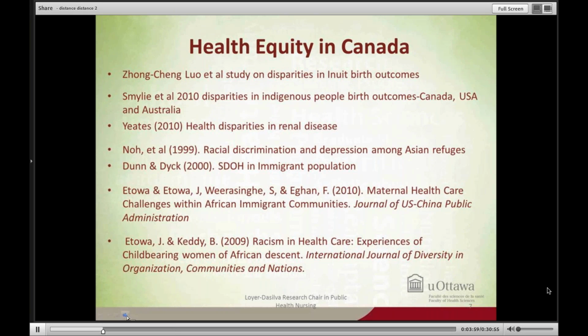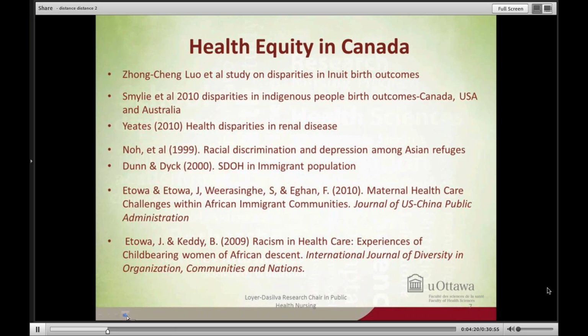Even in our own Canadian literature, where I would say this issue is still in its infancy, we have a number of studies that have shown disparities between populations, along racial lines and along income lines. We're seeing that more and more.